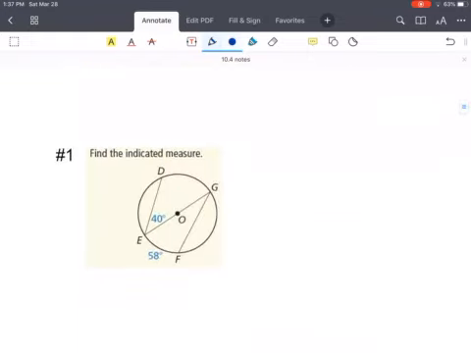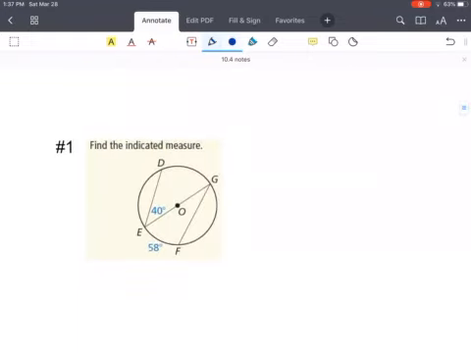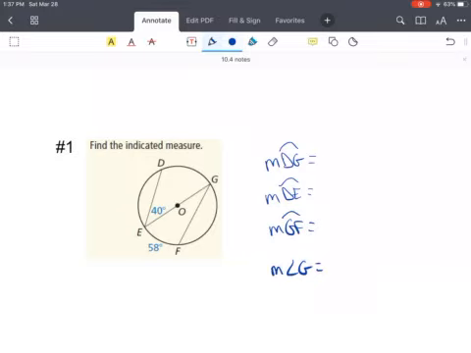So for number one, of course, it says find the indicated measure. We're going to find the measure of the following things here: arc DG, arc DE, arc GF, and then the measure of angle G. So first off, we need to remember that a circle has 360 degrees total.